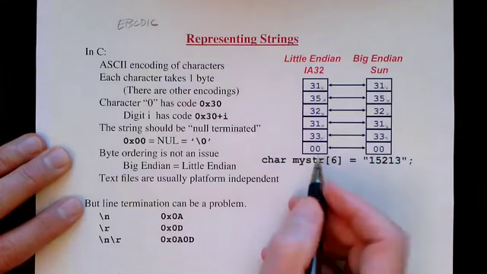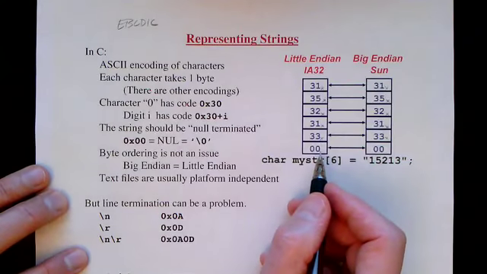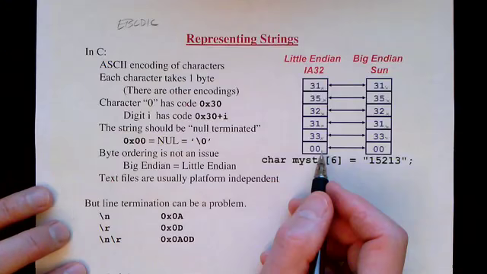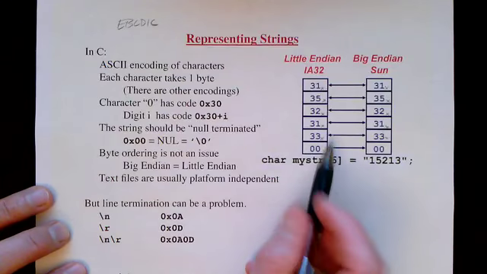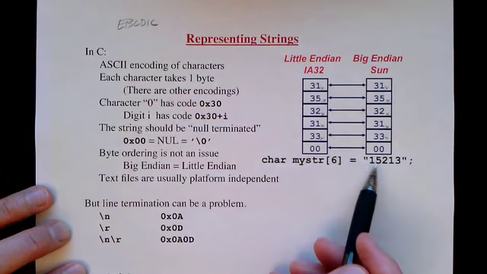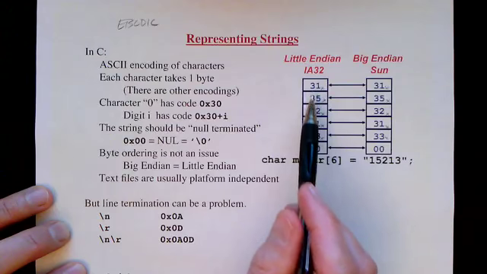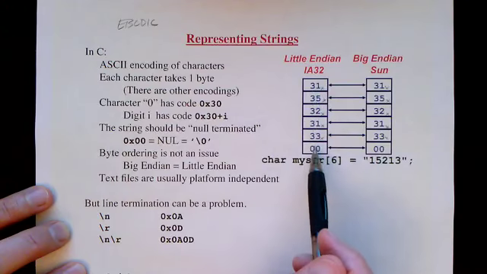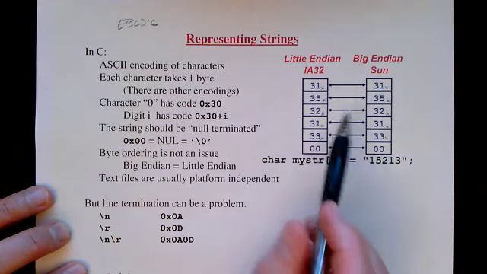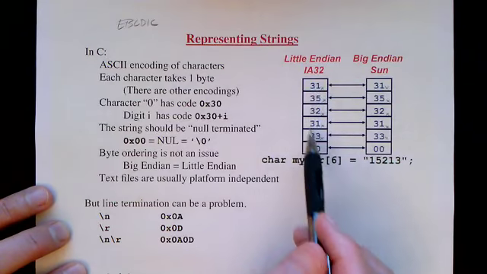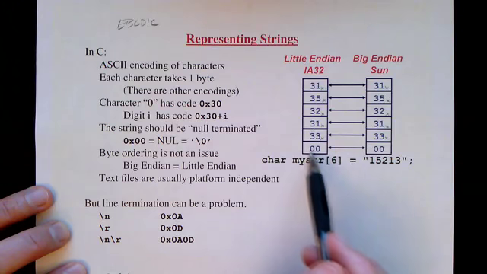Of course, 0 we don't really need to mark, because decimal or hex, it's all the same. So in order to store this string, we need 6 bytes, and we store in each byte 1 character, and in the 6th position, we store the null character to indicate that that's the end of the string. So if we want to search through this string for something, we know to stop when we hit the zeros.